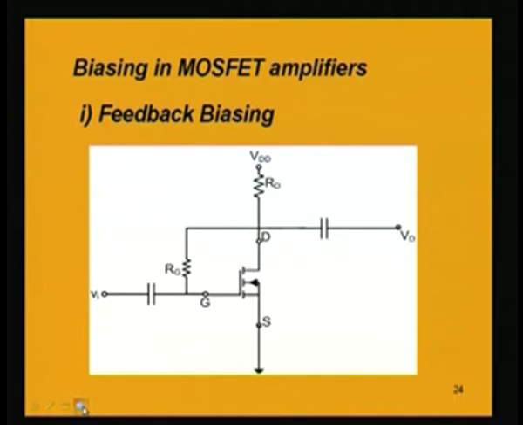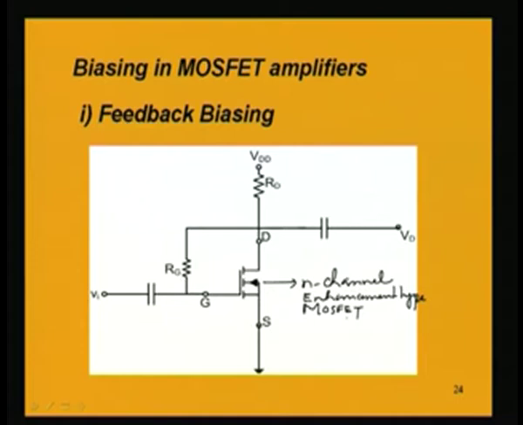So, for example, we will be taking these two biasing methods, one is the feedback biasing method and the other is the voltage divider biasing method as applied to the n channel enhancement type Mosfet device. So, this circuit here is employing this n channel enhancement type Mosfet, as is clear from the symbol.